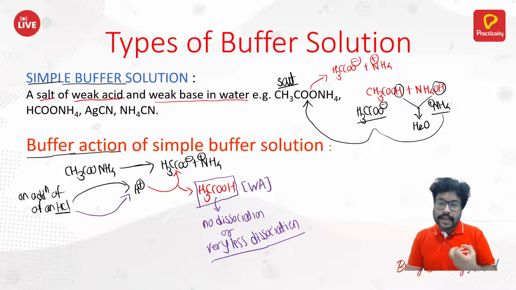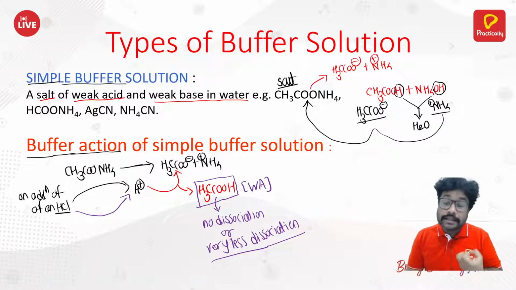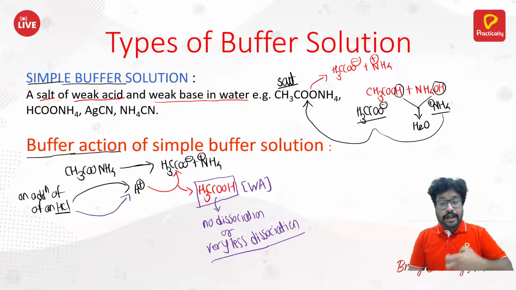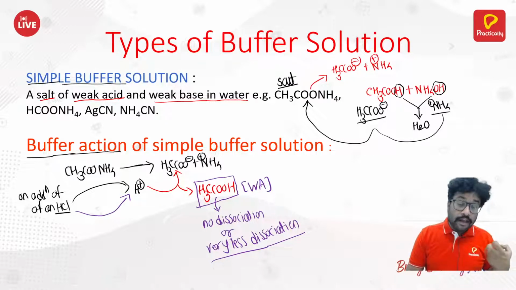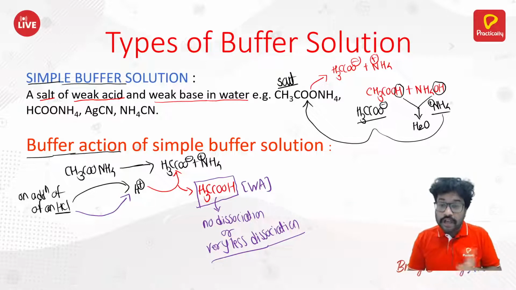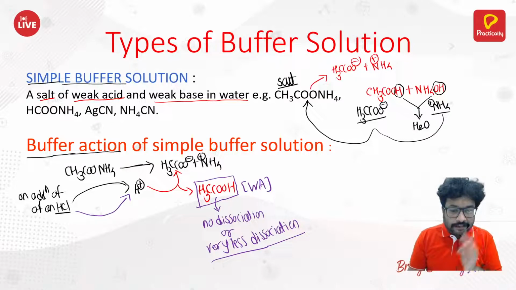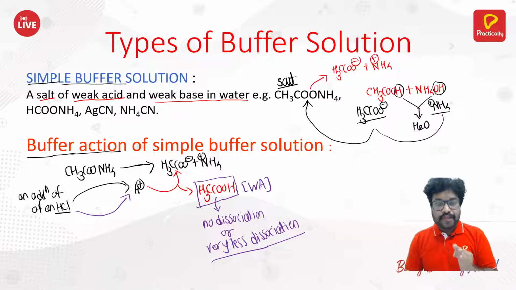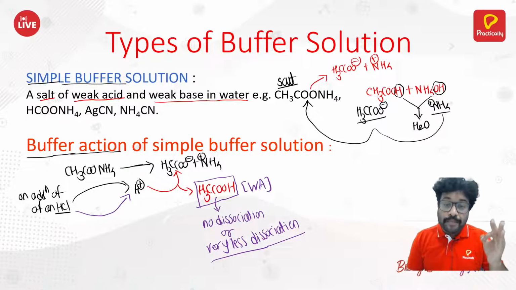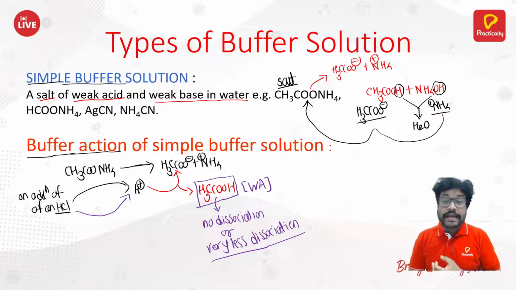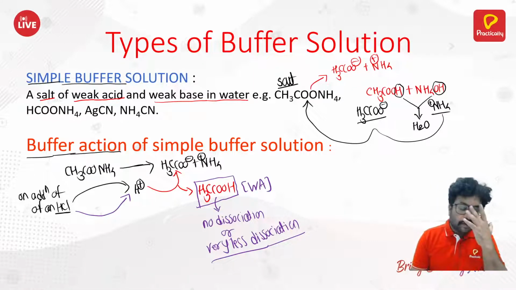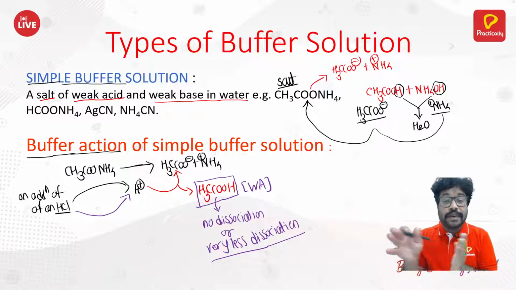Weak acid doesn't dissociate, therefore the H plus ion has gone. That is the way by which it controls the pH, or does not let the acidity increase. So that is when you add H plus ion.